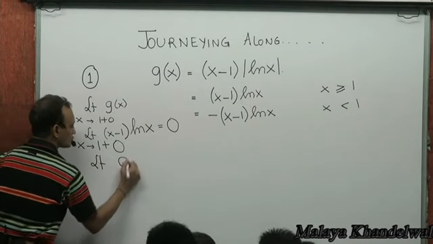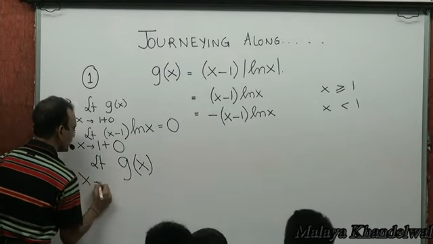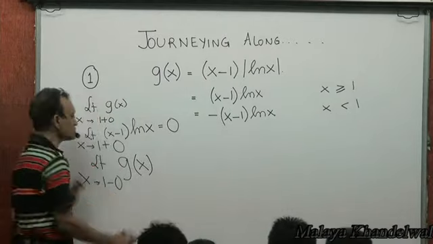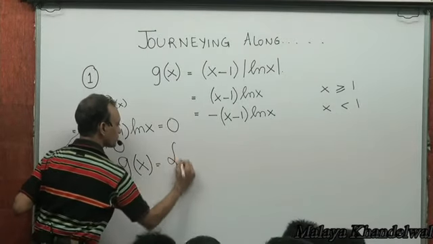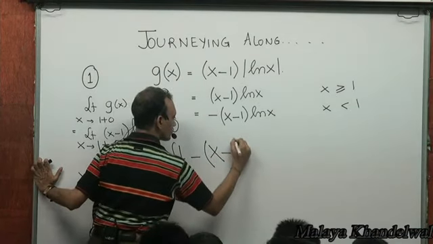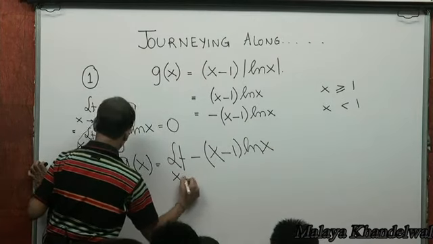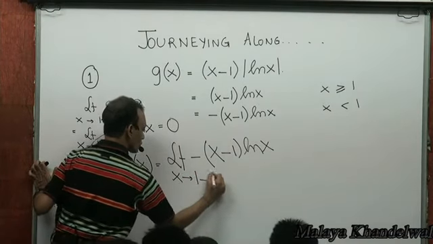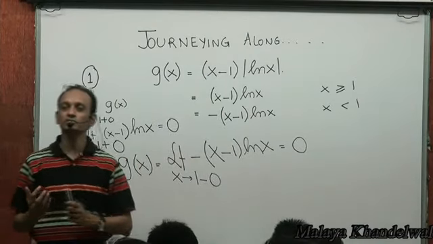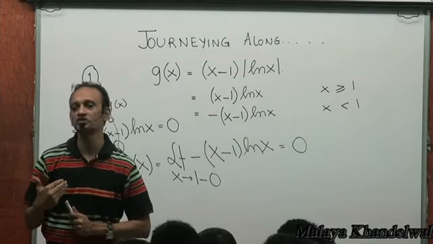Limit g(x) as x tends to 1 from the less than 1 side, when x is slightly less than 1, the description of the function is this, which is also 0.